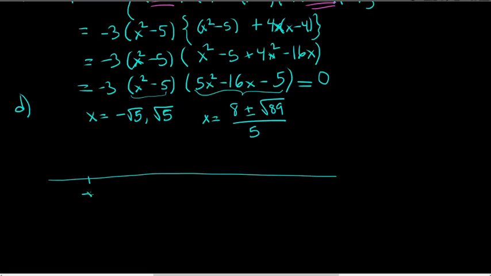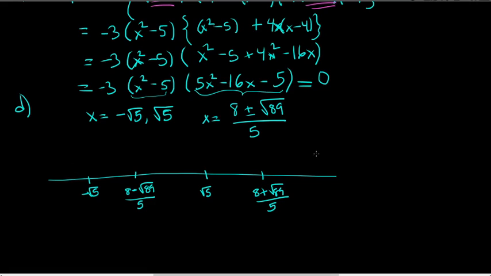The smallest number is negative square root of 5. Then you get this number here, and I never bothered figuring out the decimal approximation for it, although I probably did to know where it lands here. Then you get positive square root of 5, and then the biggest one is 8 plus the square root of 89 over 5.